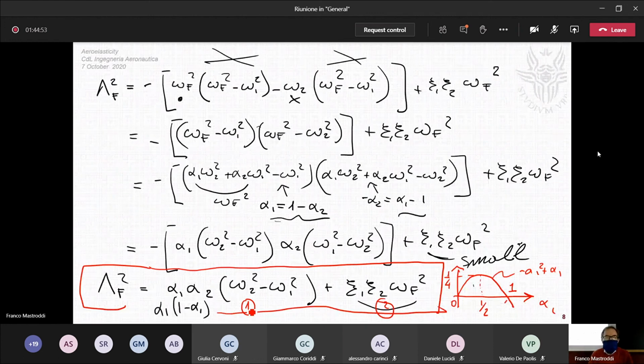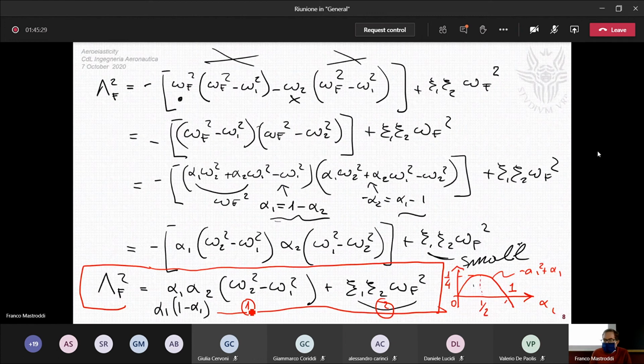So this quantity is maximum if the two dampings are the same for each mode. If you are able to distribute your damping in equal part to your system, this is the best for flutter, because you are actually moving the flutter limit forward as possible, because this quantity is maximum. Okay?